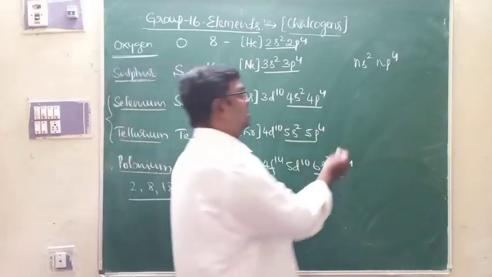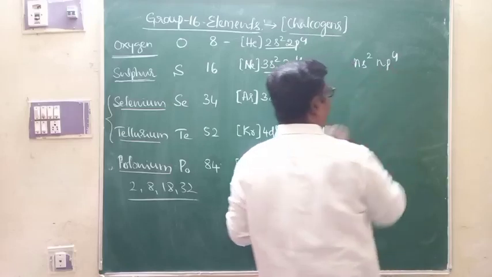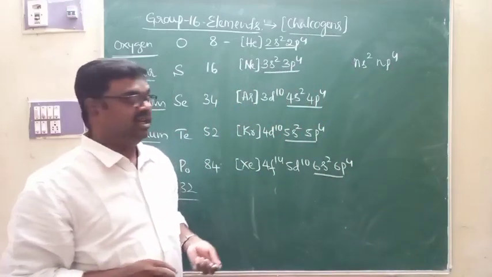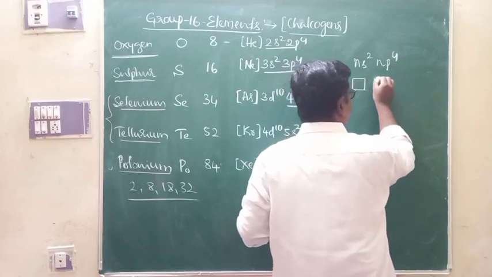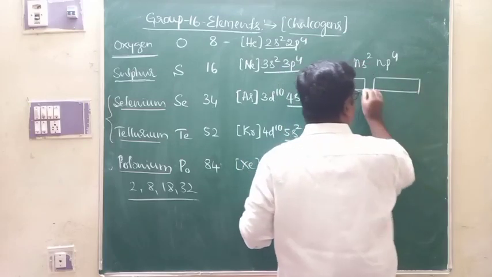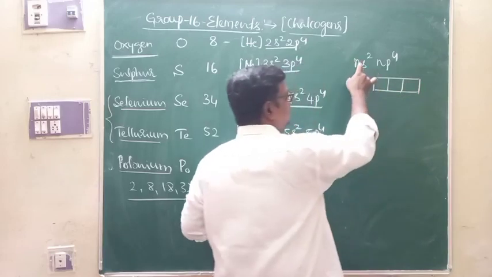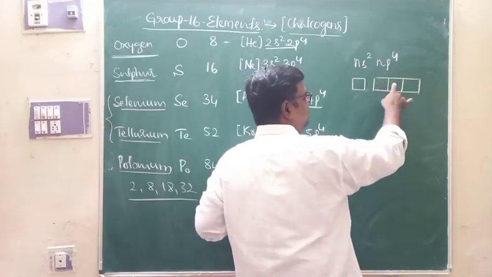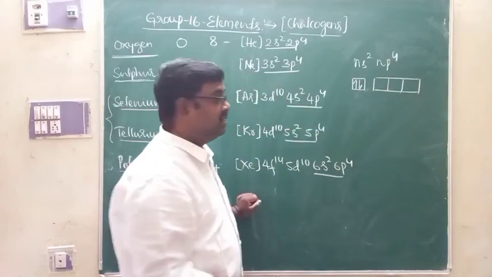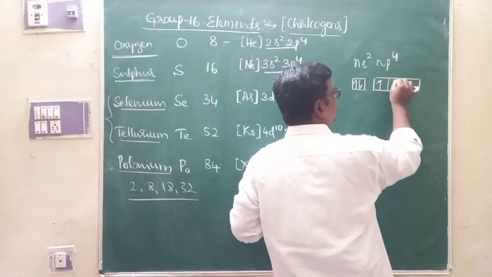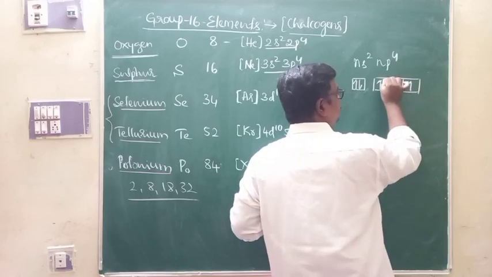Therefore, the general electronic configuration of the outermost shell will be ns2 np4, and there are 6 electrons in the valence shell. Out of 6 electrons, ns has 1 orbital and np has 3 orbitals. 2 electrons in ns will be paired. In np, 4 electrons: 1 electron, 2 and 3, and the fourth will get paired.